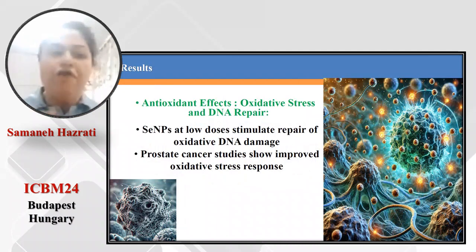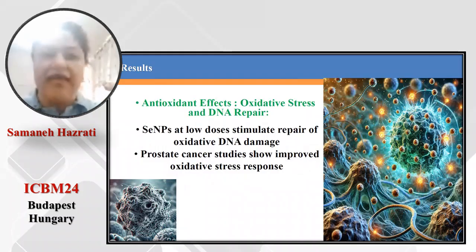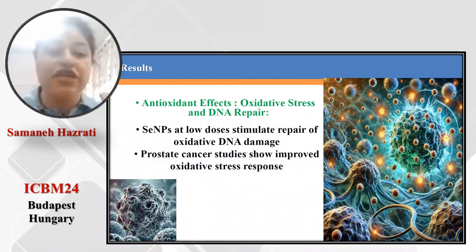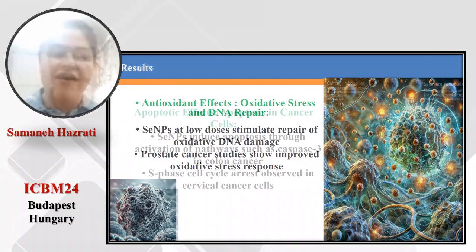In this slide, we will explore the antioxidant effects of selenium nanoparticles. They enhance the repair of oxidative DNA damage and improve oxidative stress response in cancer cells. These are crucial factors in their potential therapeutic benefits.